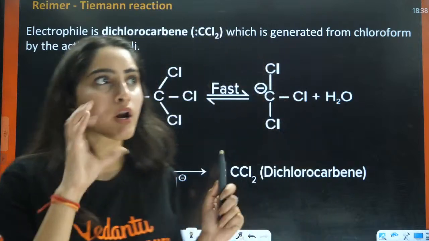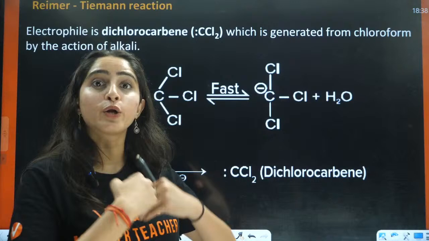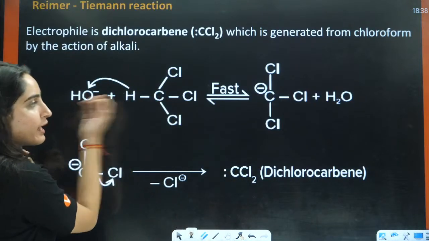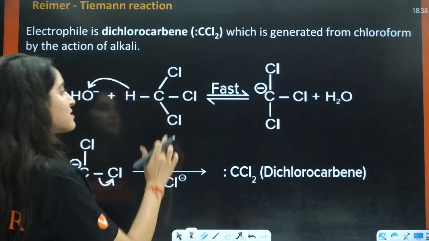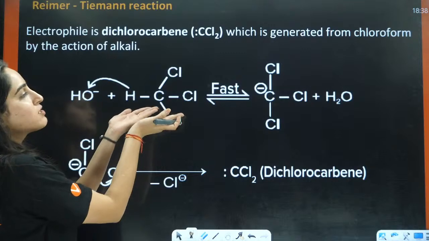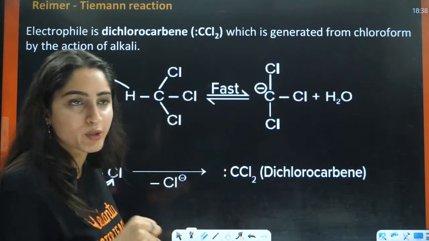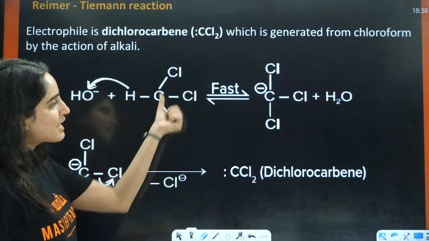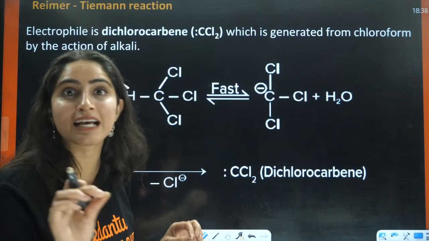A base is always going to take out H positive. An acid is always going to donate H positive. So the base is going to take out H positive from wherever it can. So it is like, okay, CHCl3, I am a villain in your life, I will take out H positive from you. So it is going to take out H positive from here and it will become CCl3 negative because H positive is taken out here.